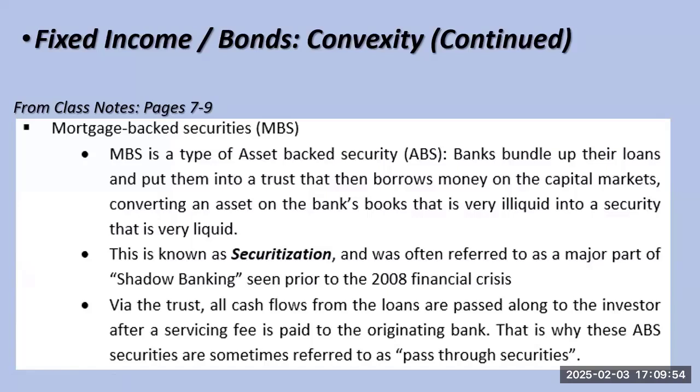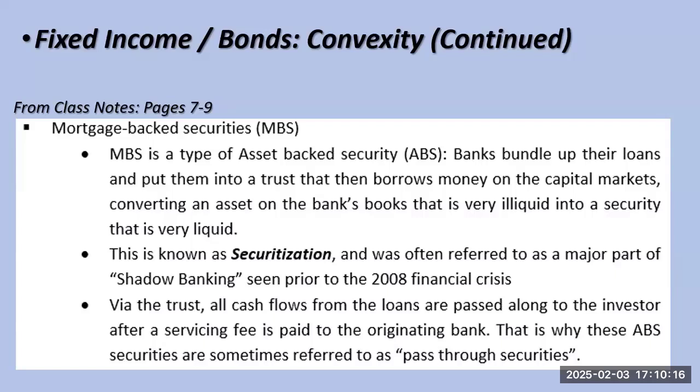Auto loans is not a big deal. Most people don't pay off their auto loans early because of interest rate risk. They may pay it off early because they just don't want the loan anymore, but you probably don't know too many people who say, hey, I'm refinancing my auto loan because interest rates are lower. That's pretty rare to do. But with mortgages, it happens all the time. Credit cards, you don't really do it.